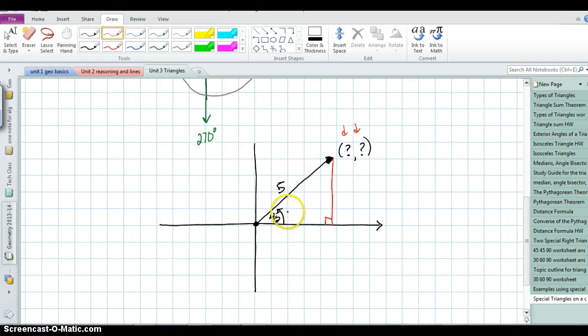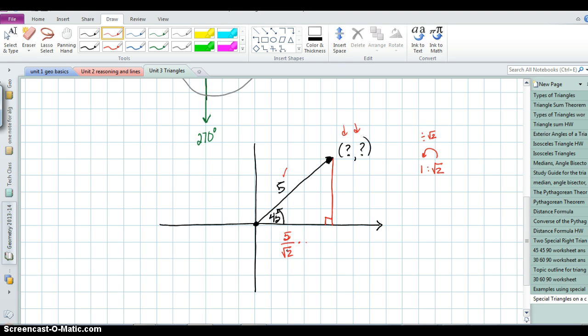Because this is 45, 45, 90, I've got a hypotenuse that's 5. And you know that the leg to hypotenuse ratio is 1 to rad 2. So to get that leg, I need to divide by radical 2. So I'm going to go 5 divided by rad 2.